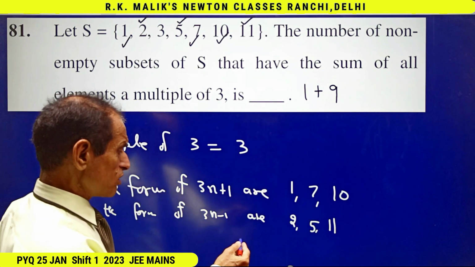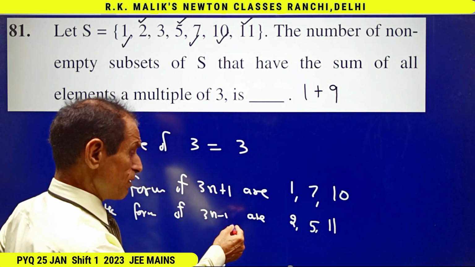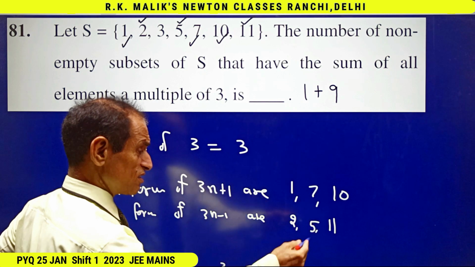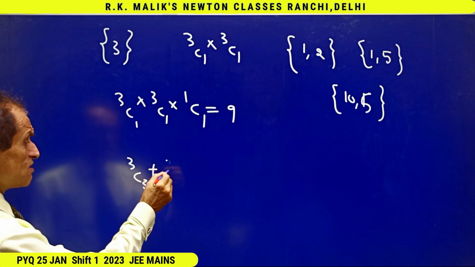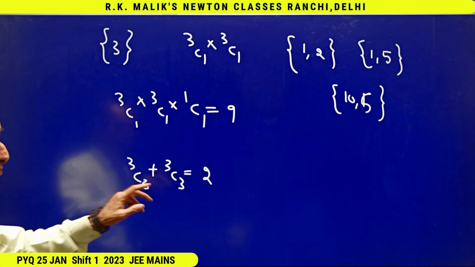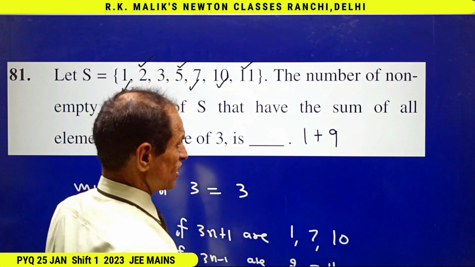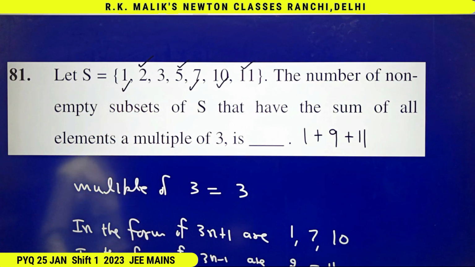In the case of all the numbers in the form of 3n minus 1, then also the sum will be multiple of 3, that is again 3c3. Therefore, 3c3 plus 3c3 again, that is 2, and 9 plus 2 is 11. Hence, 11 subsets are there having 3 elements and sum of the element to be multiple of 3.